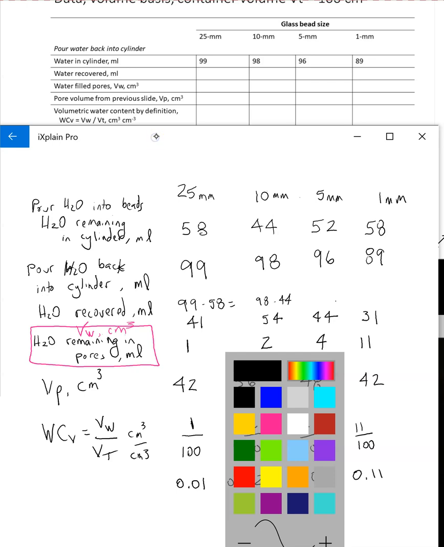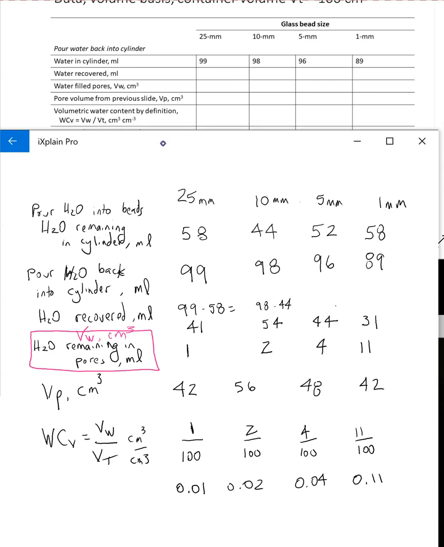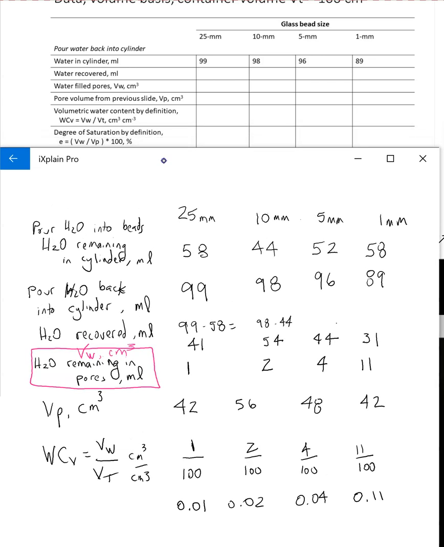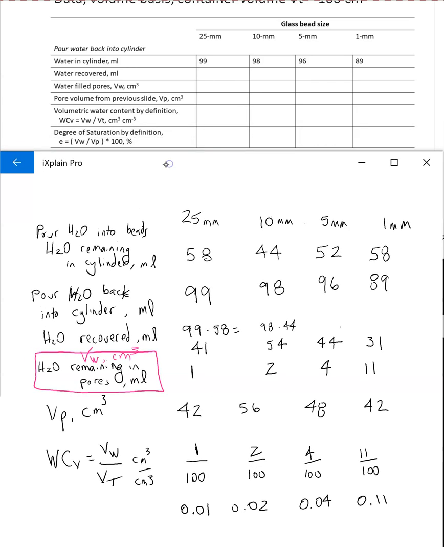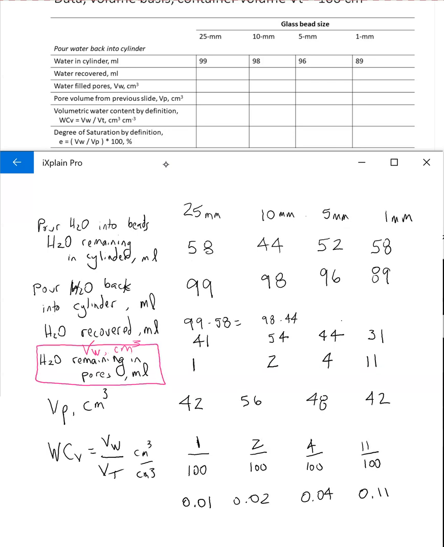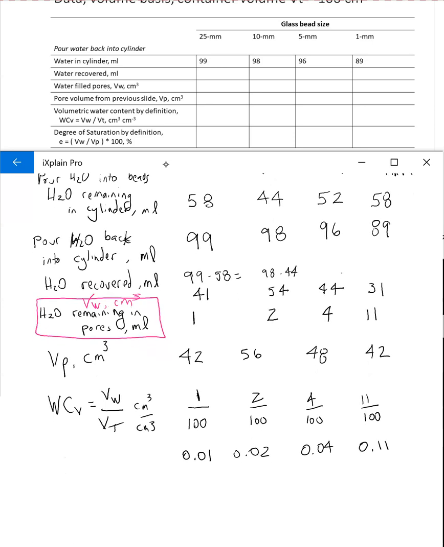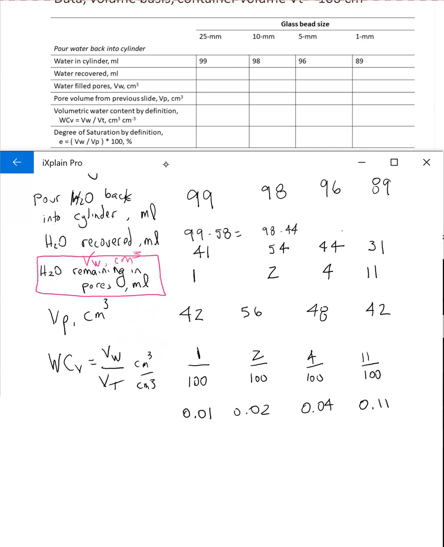So what's the next thing that we need here? Now we get to the degree of saturation. As we talked about before, this is the quantity of the pores that are filled with water. So at this point, what we need is the volume of water, using our definition formula.